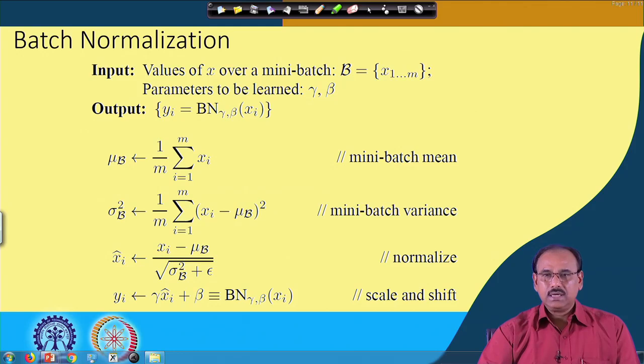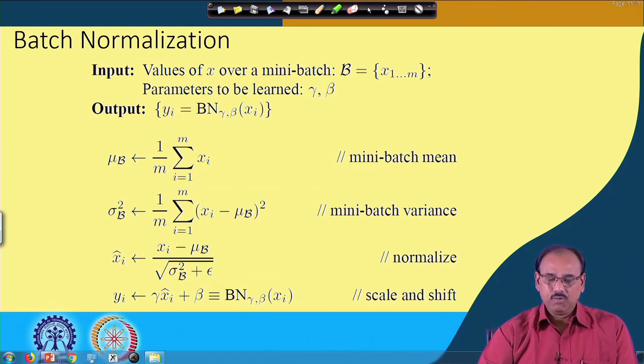So, what is the dimensionality of this vector mu b, or of this vector sigma b square? If we have C number of channels, then mu b will have C components, because for every channel I will have one mean. Similarly, sigma b square will also have C components, because I will have one variance for every channel.